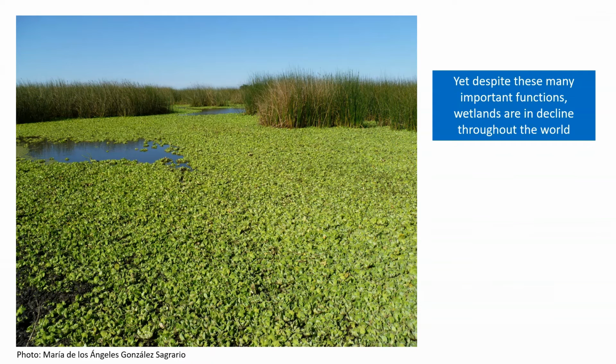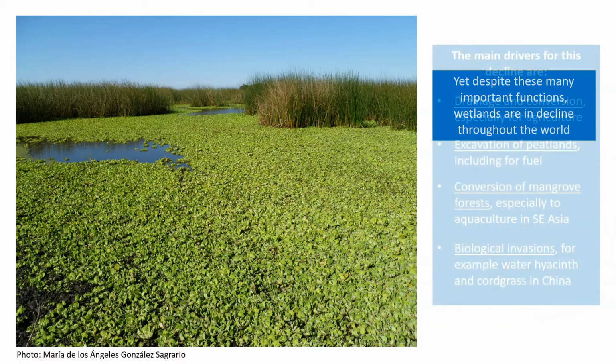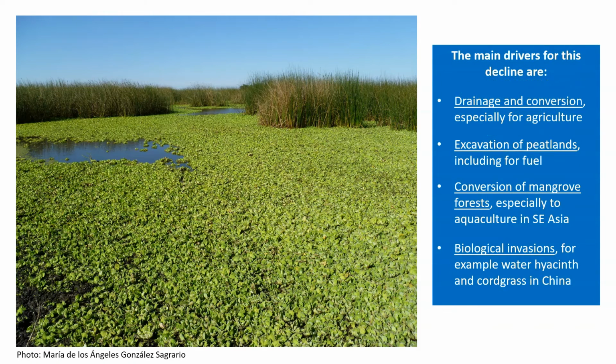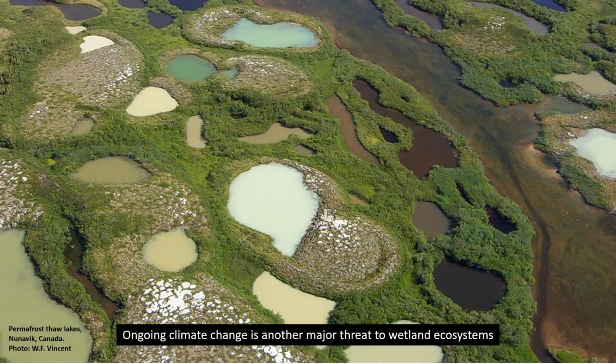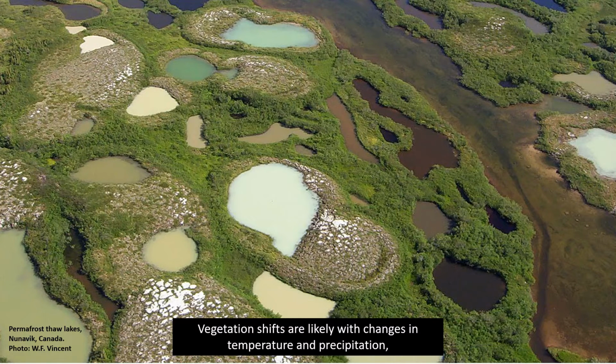Yet despite these many important functions, wetlands are in decline throughout the world. The main drivers for this decline are drainage and conversion, excavation of peatlands, conversion of mangrove forests, and biological invasions. Ongoing climate change is another major threat to wetland ecosystems.